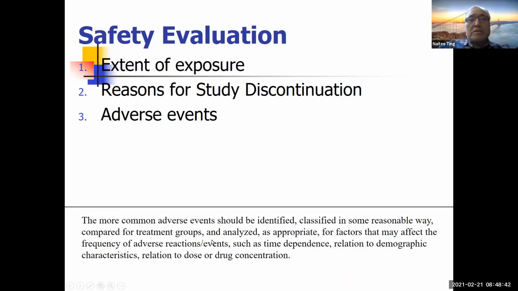Again, I want to say AE is subjective. It is an event that can be detected by the patient and can be observed by the physician.